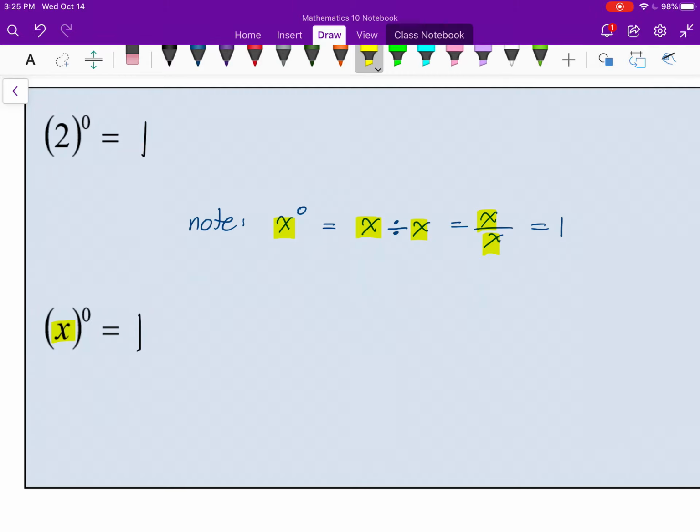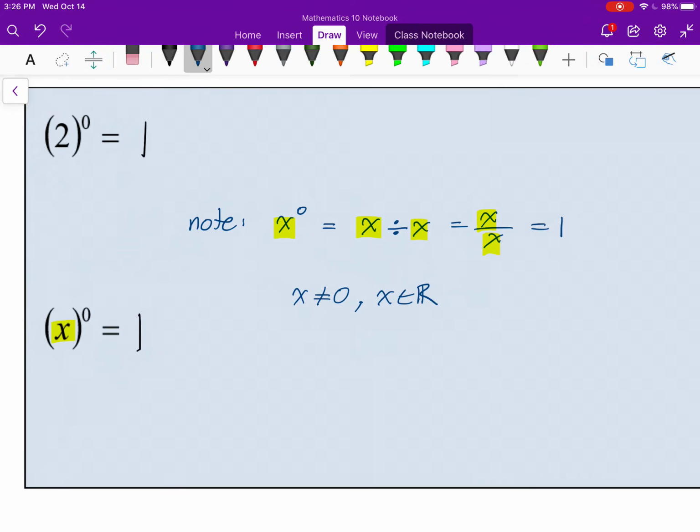So I'll say as long as x does not equal 0, then x can be any real number. So x cannot equal 0, but other than that, x can be any real number.